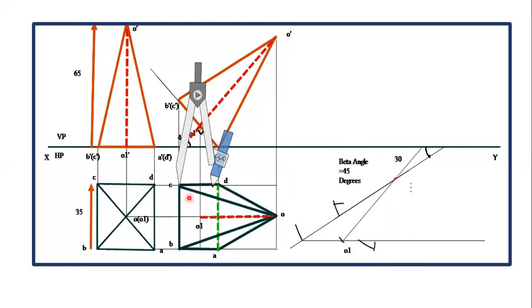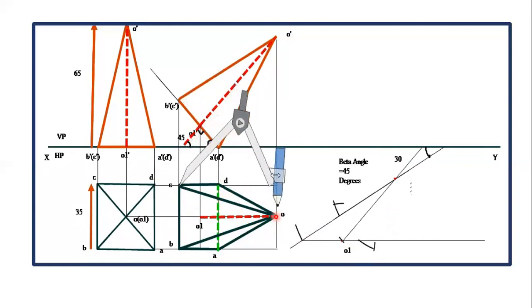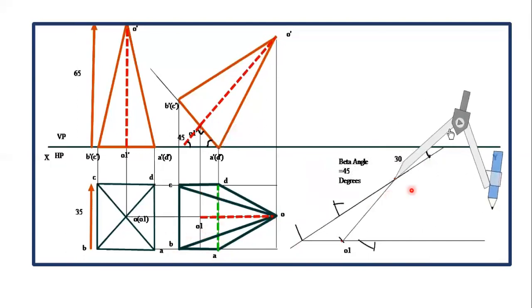Now measure the distance from C to O. You want to get the points C and B with O as the center. Cut an arc.